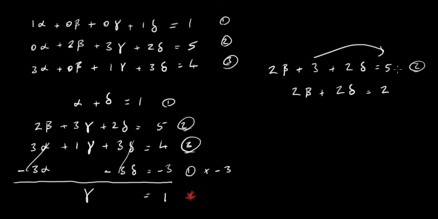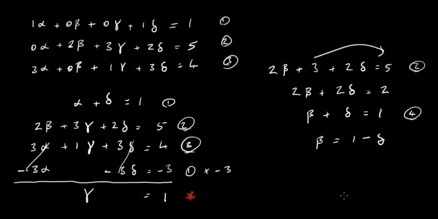Okay, so let's just divide across by 2 then. I'm just going to divide this equation by 2. That gives me beta plus delta is equal to 1. So let's call this equation 4. That gives me then beta is equal to 1 minus delta.